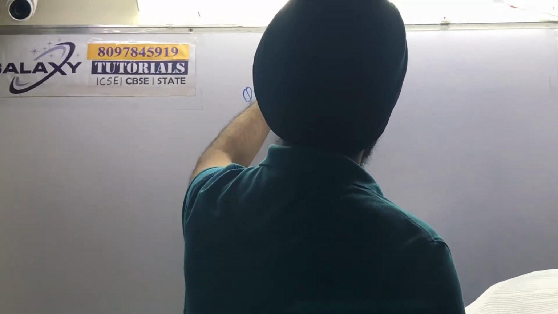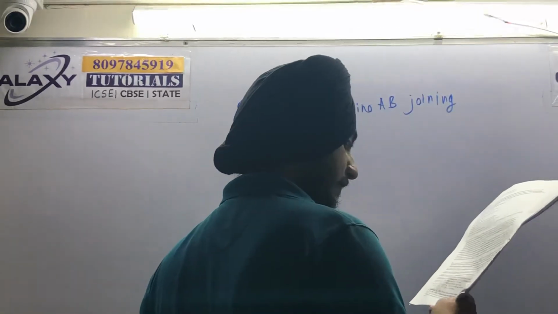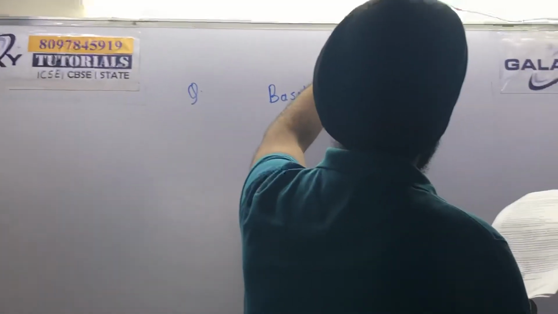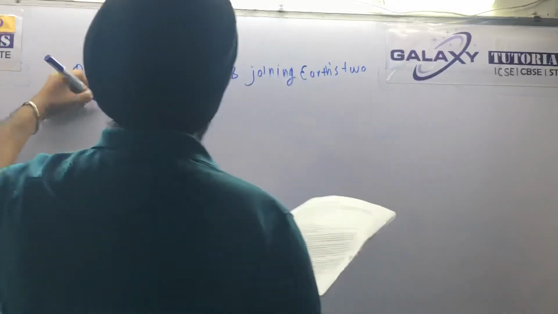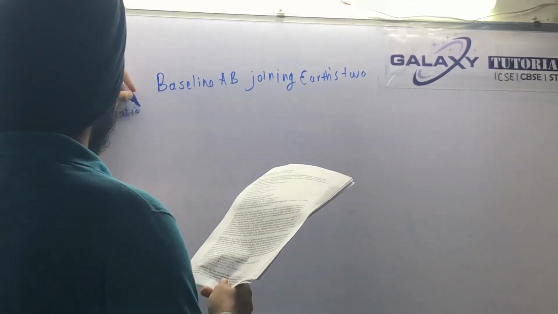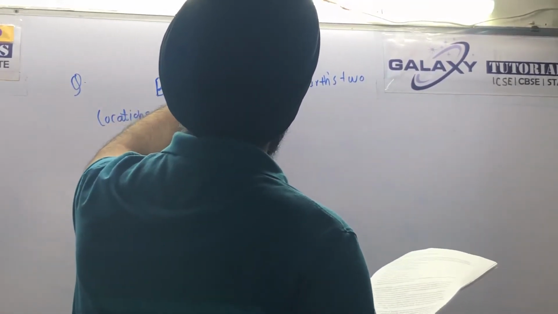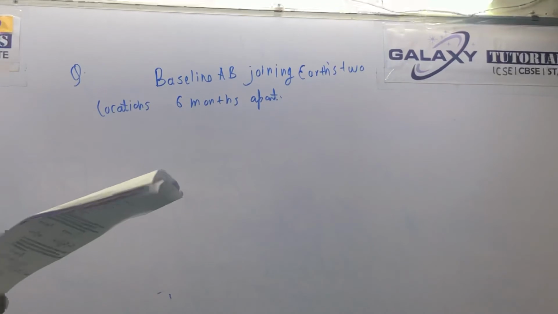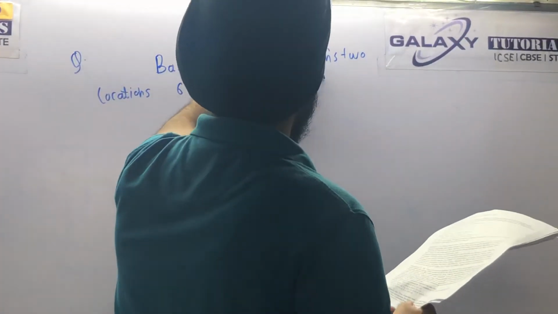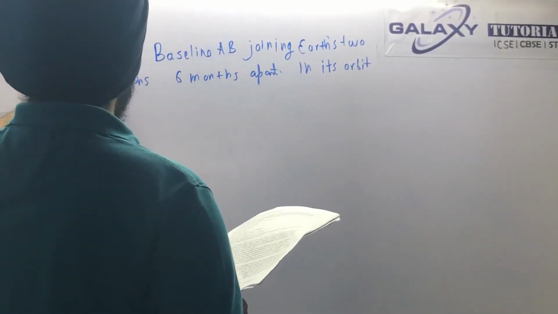Baseline AB joining Earth's two locations 6 months apart in its orbit around Sun.